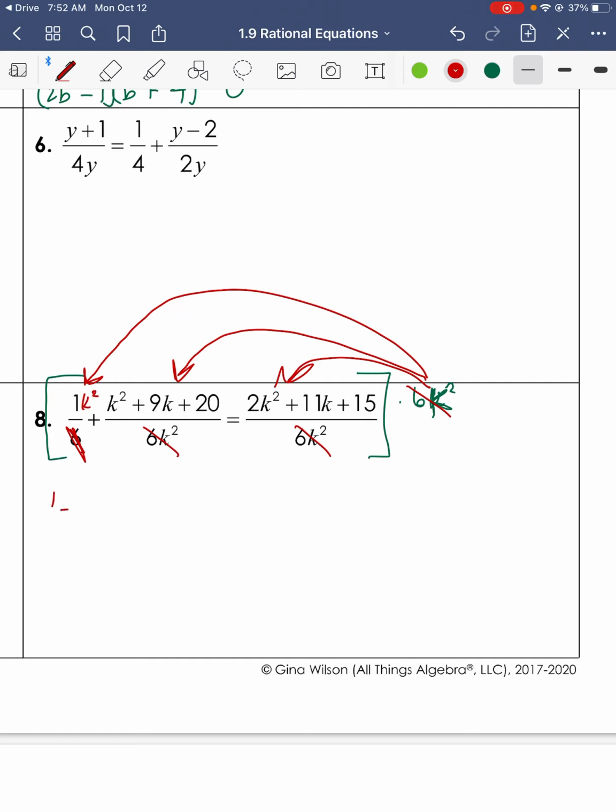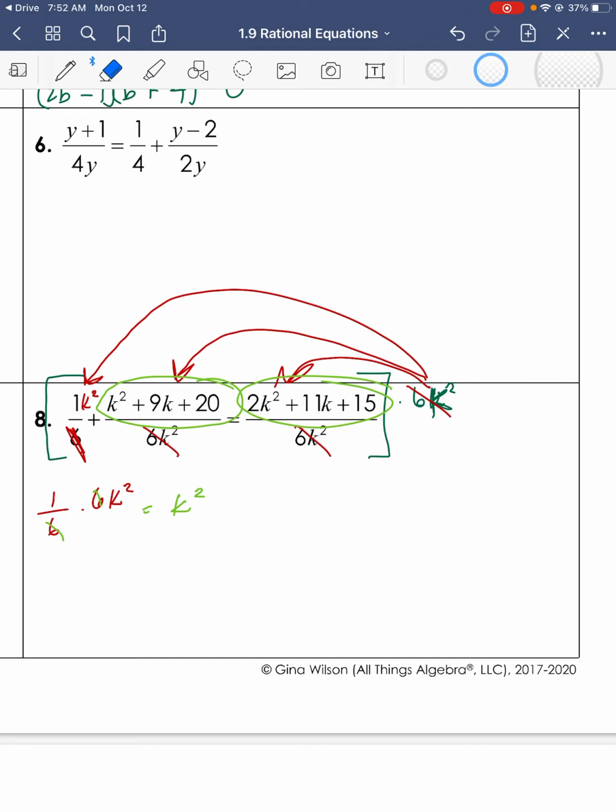So this is just saying we took 1/6 and multiplied it by 6k squared. The 6 and the 6 cancel out, we're left with k squared. On the rest of these, since it cancels out of the denominator entirely, we're just going to be left with what's in the numerator.